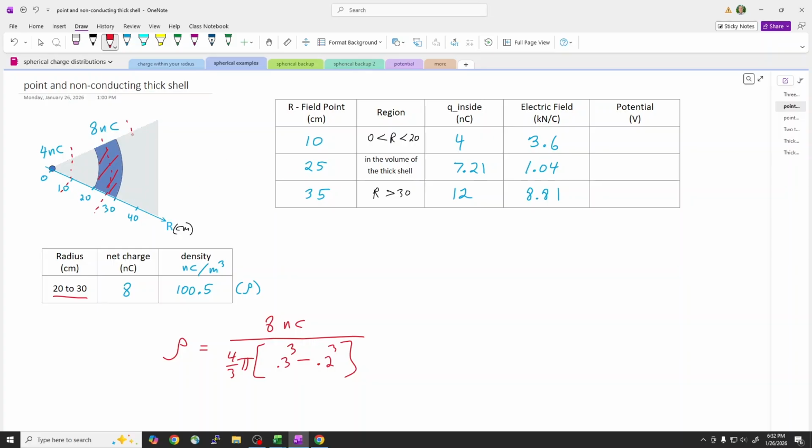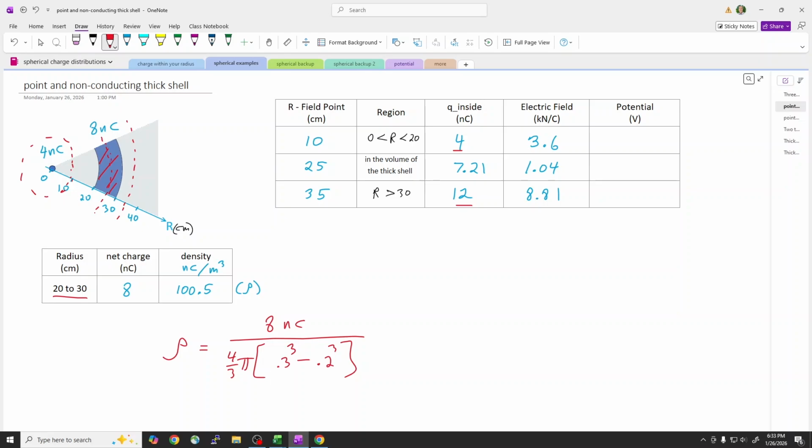And then I did 35, that puts us in the air where r is greater than 30. Right, so in the regions that are air, let's say at 10 centimeters, the only charge within my radius of 10 centimeters is the 4 nanocoulombs. And at the 35 centimeters, all of the charge, 8 plus 4, or 12 nanocoulombs.